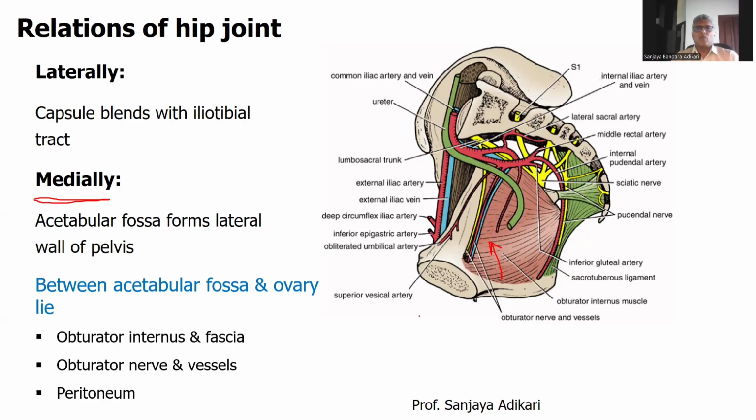So if you have a fracture of the acetabulum, where the head of the femur is driven into the pelvic cavity, in a female the ovary is at risk, and in both sexes these obturator vessels and nerves are at risk of damage.